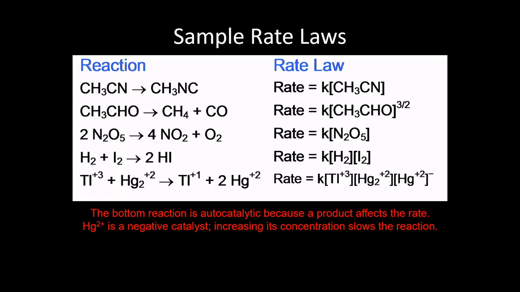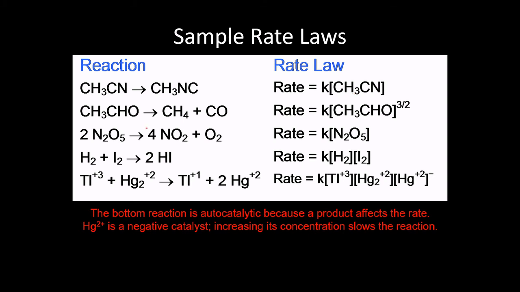So just as an example of how the balanced chemical equation does not always give you the rate law, we have a few different reactions here. The first one actually does give you the rate law if you just take the balanced chemical equation and plug it into the rate law. For this one, you do get the correct rate law.